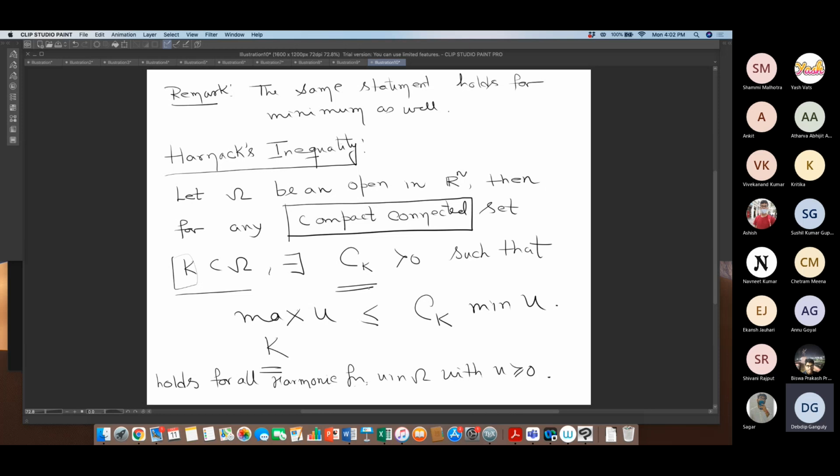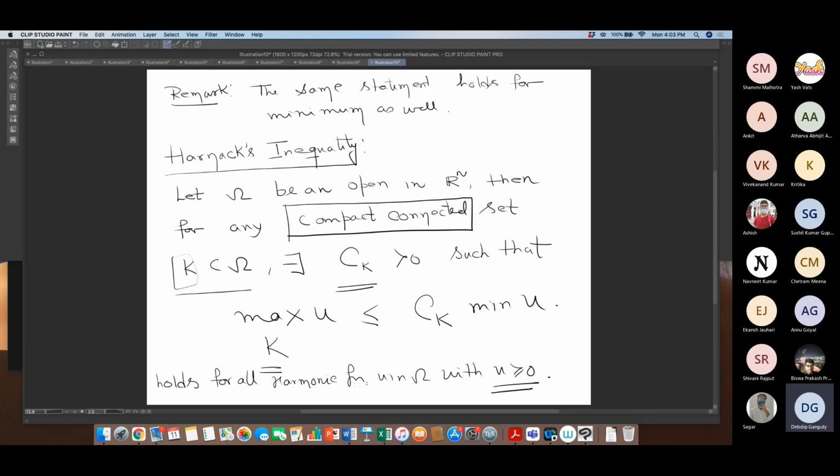Here is the main stress point. Such that you can always estimate the maximum of u: max u is less than C_K times min u. And this should hold for all harmonic functions u which are non-negative. Is that clear?